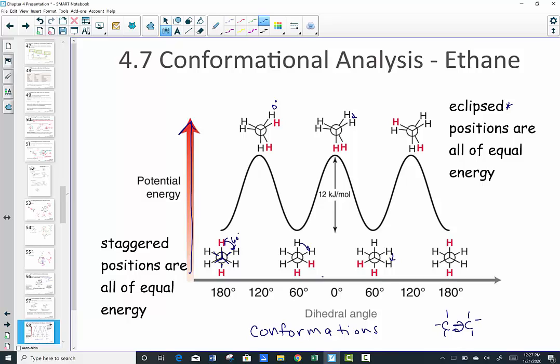These are all equivalent structures since we're only examining hydrogens. So the only type of interaction we're looking at is a hydrogen to hydrogen interaction. The difference in energy of the eclipsed to the staggered represents 12 kilojoules per mole, which is a significant amount of energy.